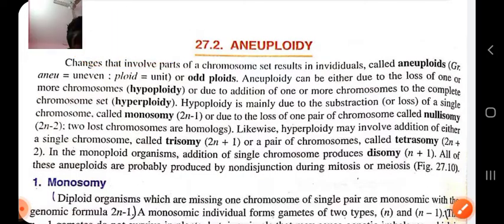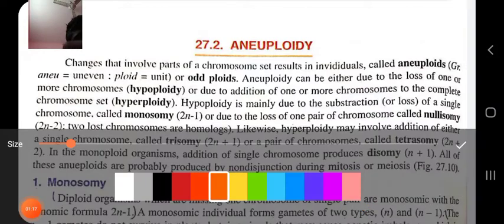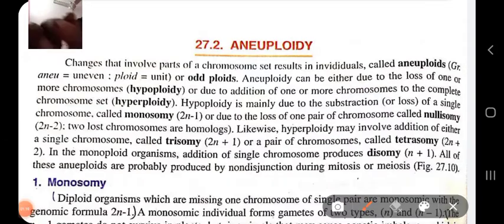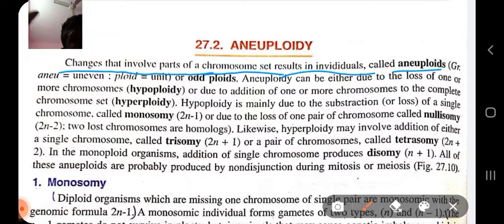So it simply means that change that involves parts of a chromosome set, resulting individuals are called aneuploids. Where your chromosome number is changed from the set of chromosomes, they are called aneuploids.